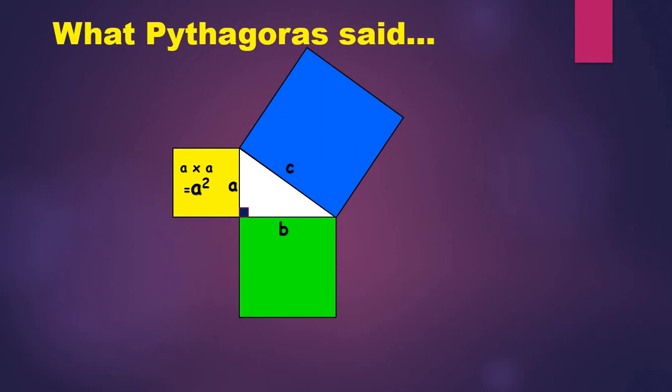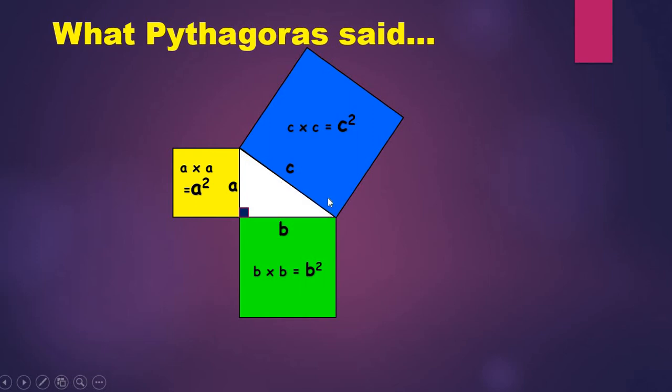The area of the yellow square is a square because the length of a side is a. The area of the green square is b square because the length of a side is b. Like that, the area of the square drawn on the hypotenuse is c square.